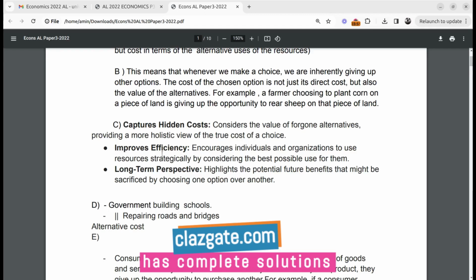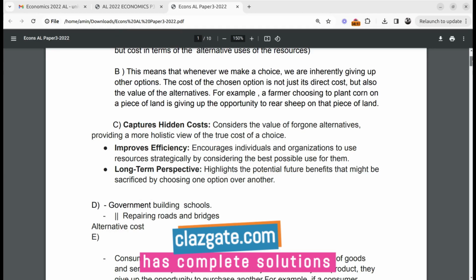Point 2, improves efficiency. Opportunity cost encourages individuals and organizations to use resources strategically by considering the best possible uses for them. Point 3, long-term perspective. Opportunity cost highlights the potential future benefits that might be sacrificed by choosing one option over another.